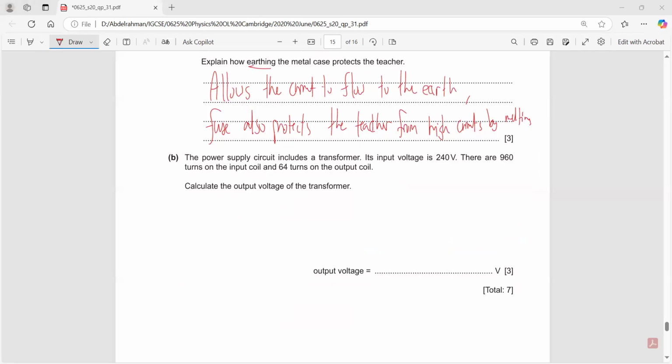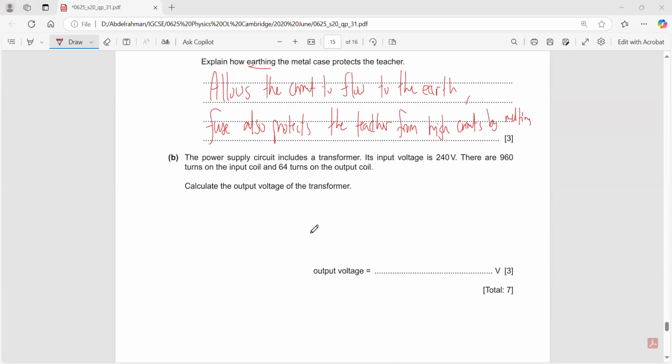There are 960 turns on the input coil. Calculate the output voltage of the transformer. Can I find the output voltage of this transformer? Yes, I can.